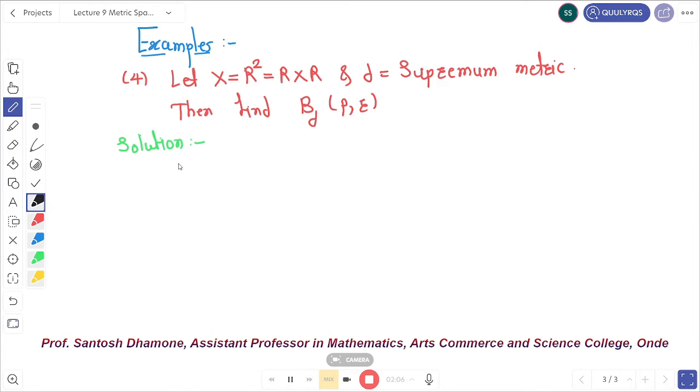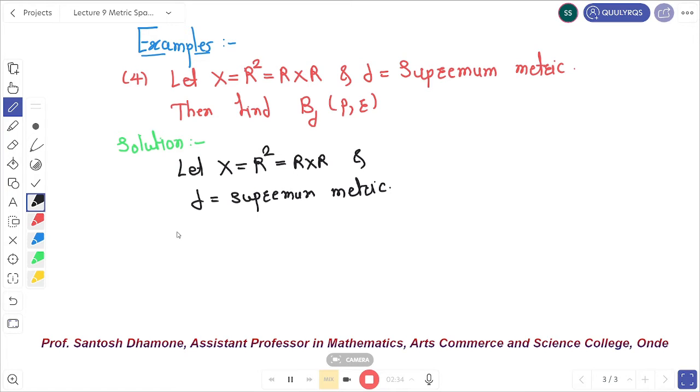Let X is equal to R2, which is R cross R, and d is equal to the supremum metric.